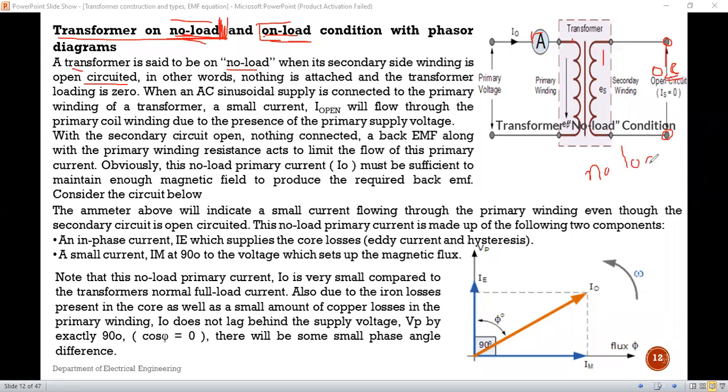Okay, बघा, secondary open आहे, then what amount of current will be flowing? करंट किती फ्लो होत असेल सेकंडरी ओपन आहे म्हटल्यानंतर? How much current will be flowing from the secondary side if the secondary is open circuited?